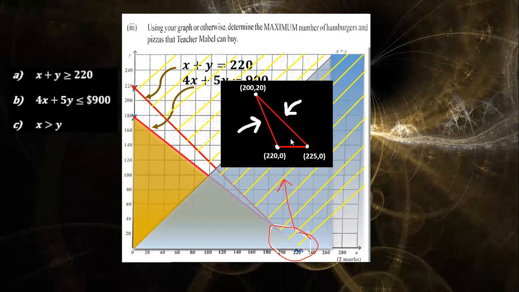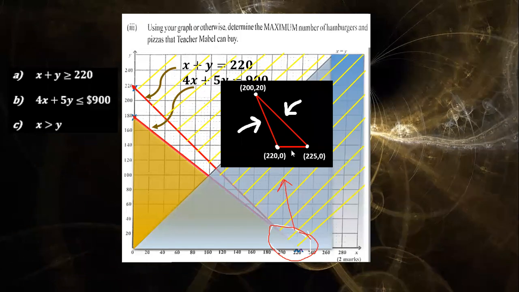Whereas the 225 is more than the 220, right? And the addition of this is 220, more than this as well, and more than this. For both this point and this point, we have no pizzas, just purely hamburgers, whereas for this point, we have pizzas and hamburgers. So in all likelihood, in a real life situation, this here is going to be the correct answer, and not this, and not these two.